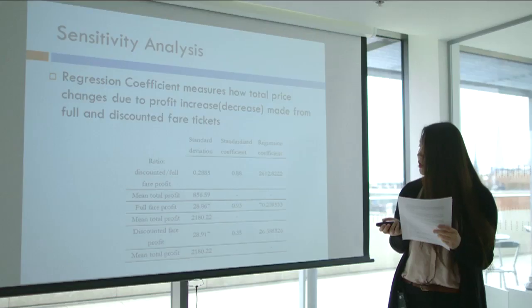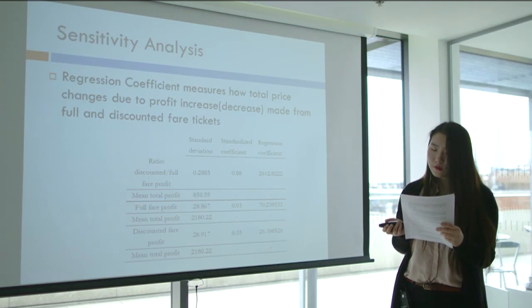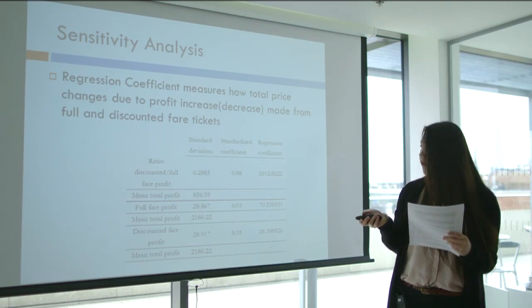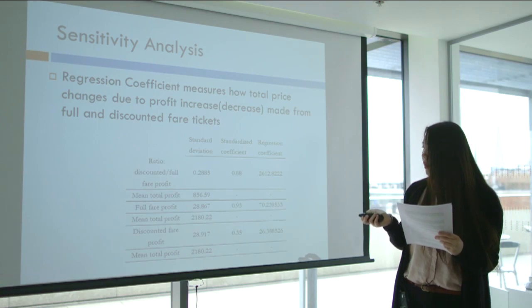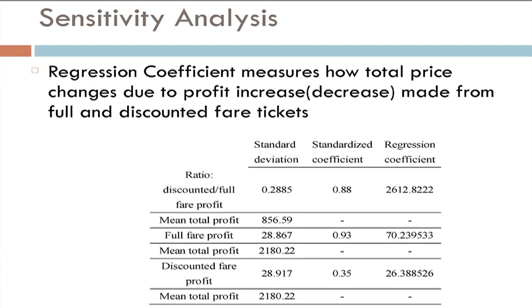Table 1 summarizes the regression coefficients for the ratios of discounted fare tickets to full fare tickets, as well as full fare and discounted fare profits. So for example, if the profit for discounted fare tickets increases by £1, it will lead to an increase in total profit of £26, which equals the regression coefficient for that row.